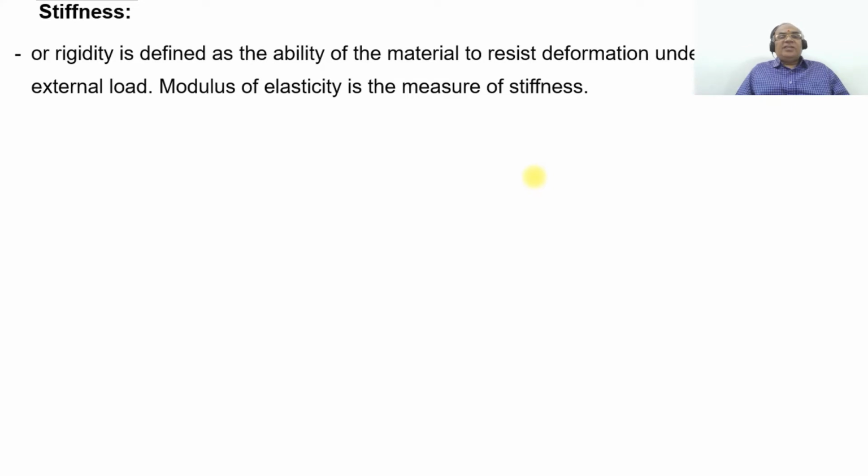or rigidity, which is defined as the ability of the material to resist deformation under the action of external load. The modulus of elasticity is the measure of the stiffness. What is resilience?